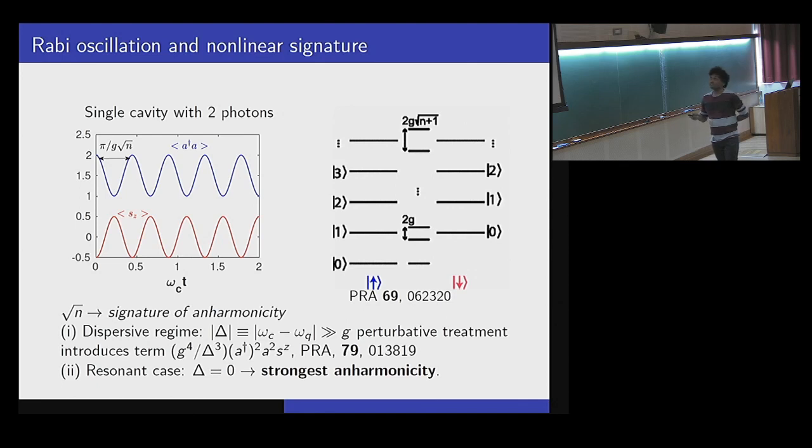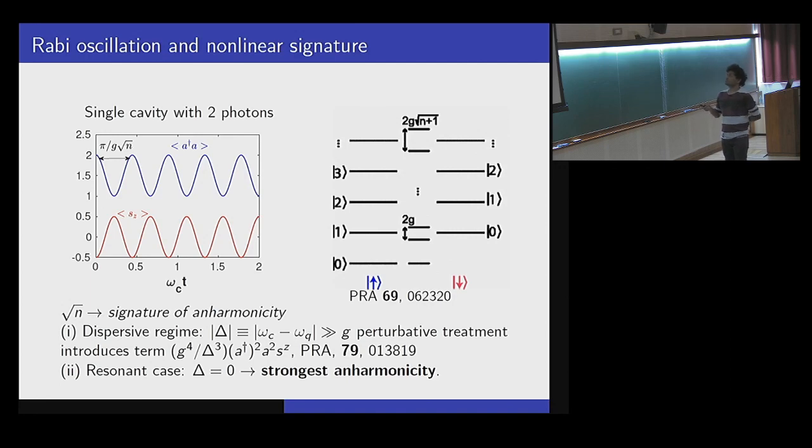And interestingly, the frequency of the Rabi oscillation scales as square root of n, that is, square root of excitations. This is the signature of anharmonicity, which is inherent in the Jaynes-Cummings interaction. If we take an uncoupled cavity-qubit system, the energy levels are equally spaced, just like simple harmonic oscillators.